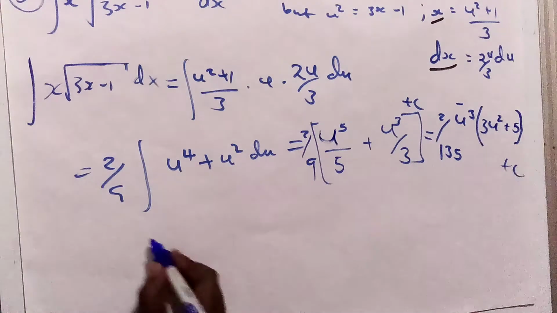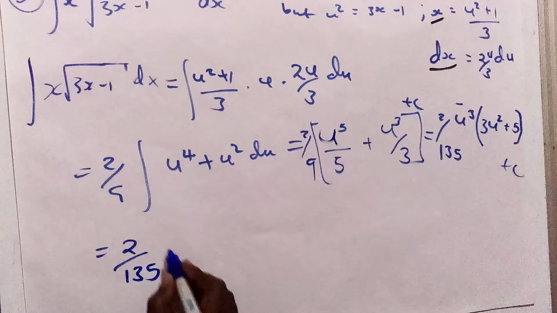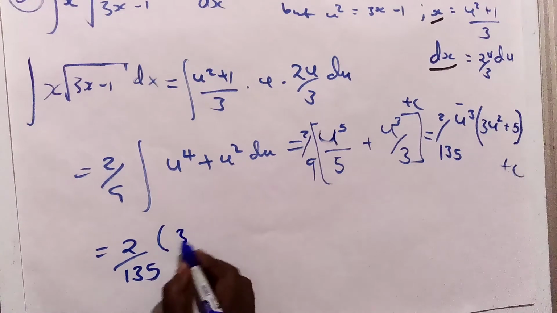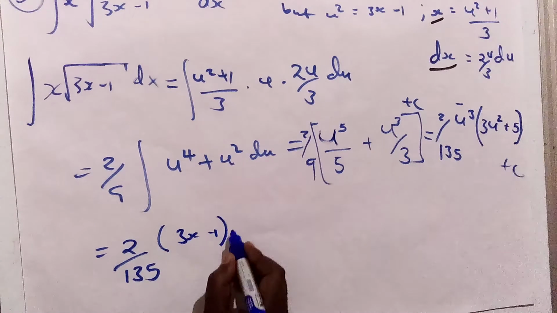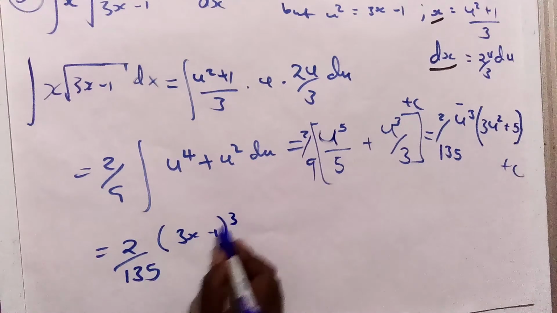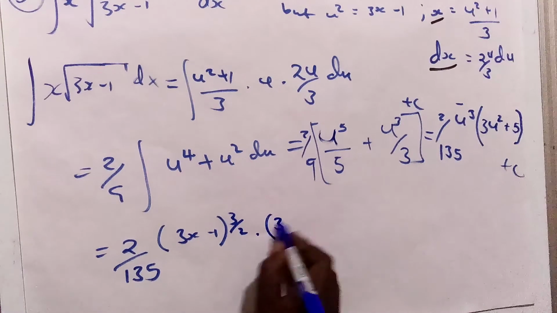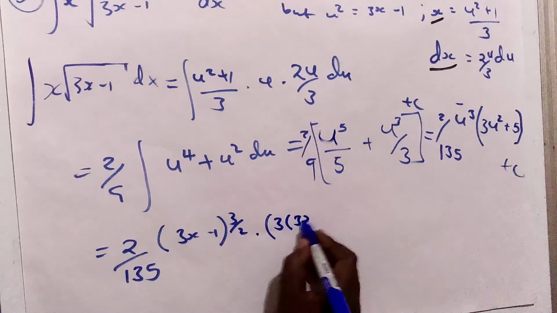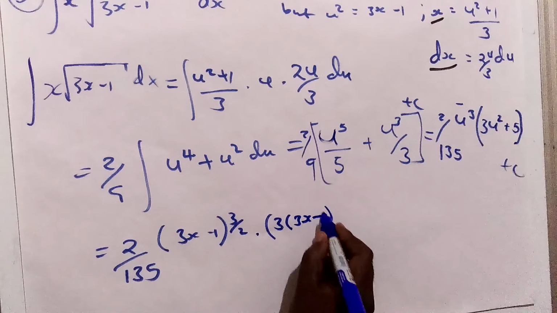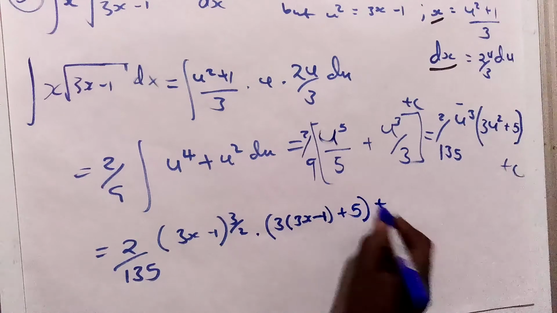So 2 over 135 into 3x minus 1 to the power 3 with the square root times 3 into 3x minus 1 plus 5 plus a constant.